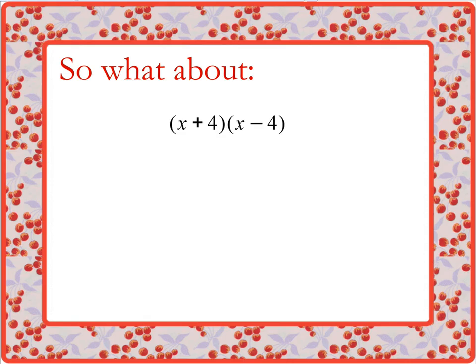So what if I multiply these 2 binomials together? Notice that they're almost identical, except that one has a plus and one has a minus. Let's take a look and see what happens to it.